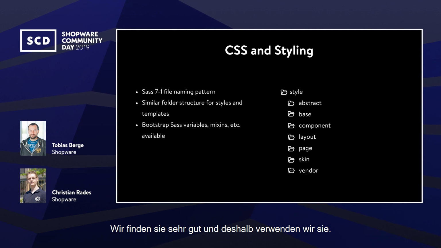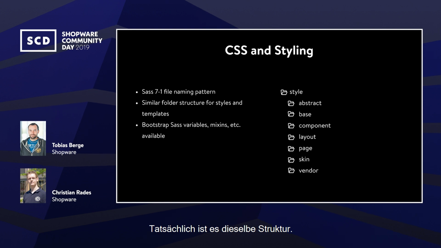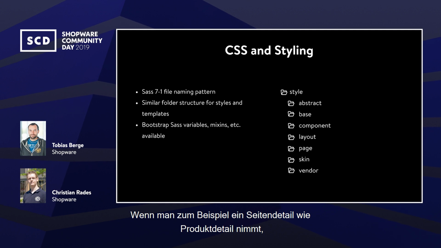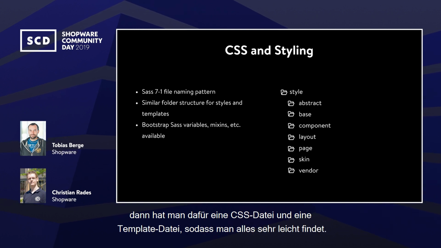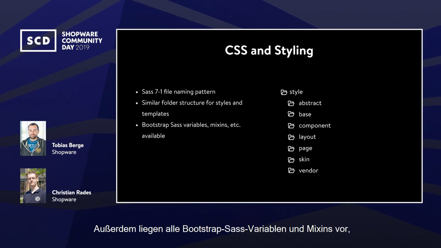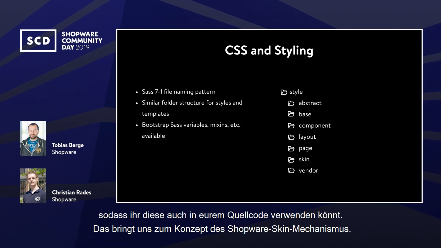And we stick to that and use that, and we think it's a really great way of doing it. As you can see, it is quite similar to the templates, so it is actually representing the exact same structure. For example, if you have a page detail, like product detail, you have a CSS file for this, and you also have a template file for this, so you can find things pretty easily. And we also have all the Bootstrap Sass variables and mix-ins available, so you can also use them in your source code.